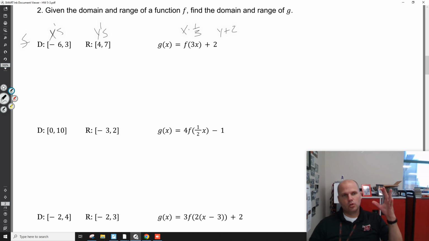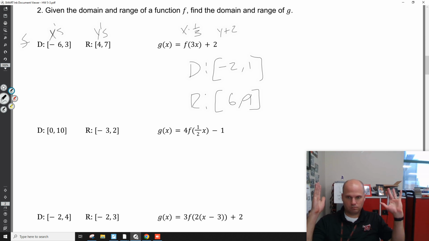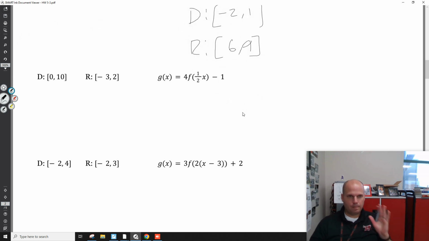Okay? So my new domain and range of my new function is just the manipulation of these x's by 1/3 and the manipulation of these y's by 2. That's it. Okay.